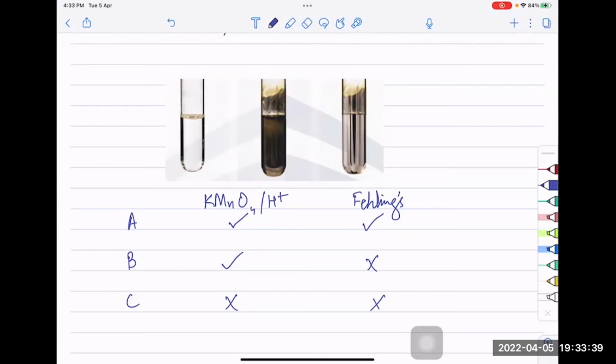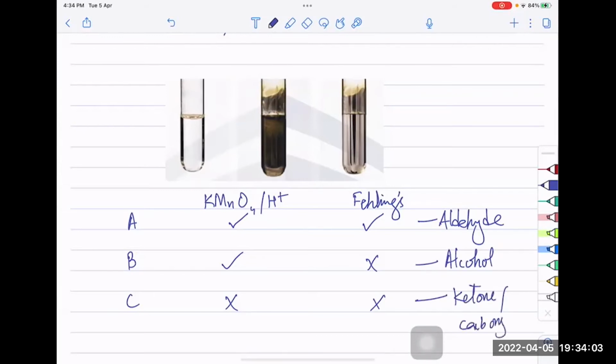If something can be oxidized by a weak oxidizing agent, then why wouldn't a strong one perform the same thing? So this is telling you that this is aldehyde. Yeah, so A is aldehyde, this is alcohol, and this could be a ketone, this could be carboxylic. We don't know for sure at the moment. Okay?